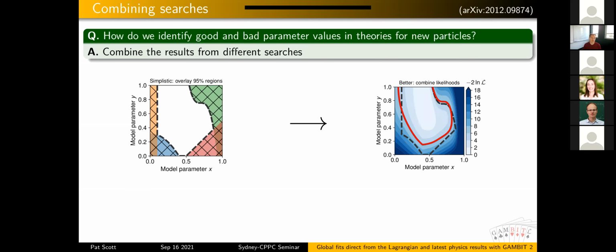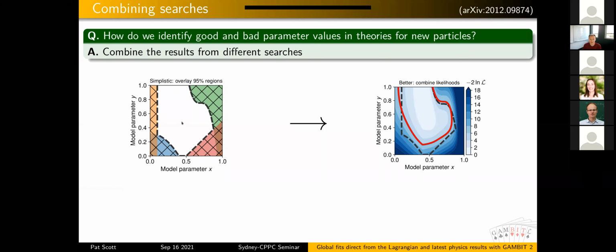The simplest way you can imagine doing that, can you all see my cursor okay? Yeah. Cool. The simplest way you can imagine doing that is basically just getting something like 95% confidence exclusion regions from each experiment, and you say, okay, this area is excluded by this experiment, whatever green experiment, this thing's excluded by the red experiment, and then saying that everything that is excluded by one experiment or more is ruled out, and everything that has not been excluded by an experiment, so the stuff in white, is okay.